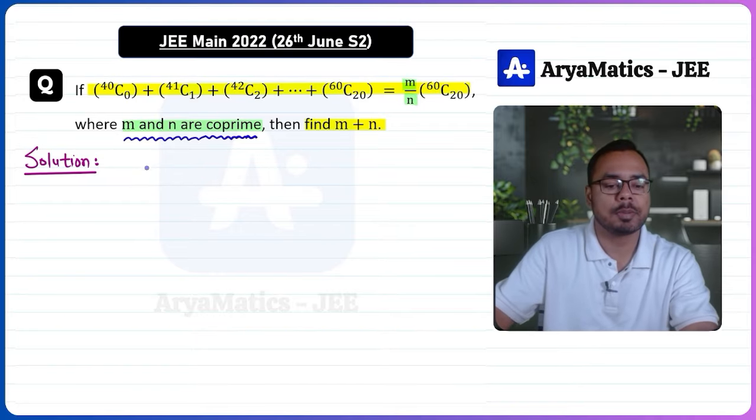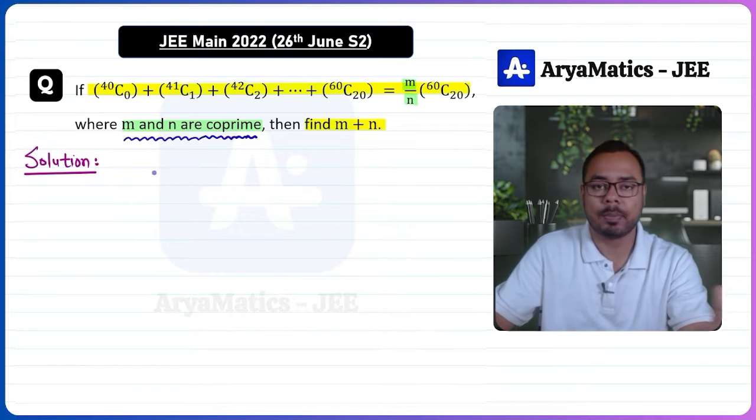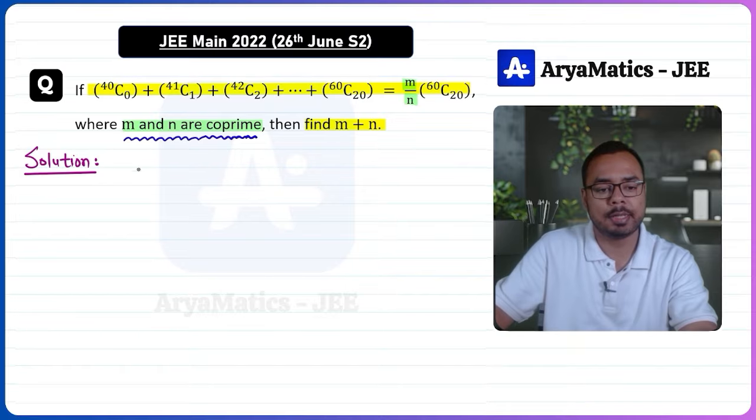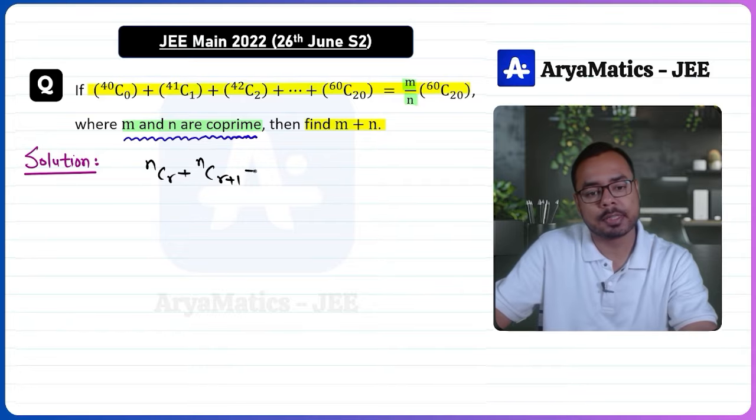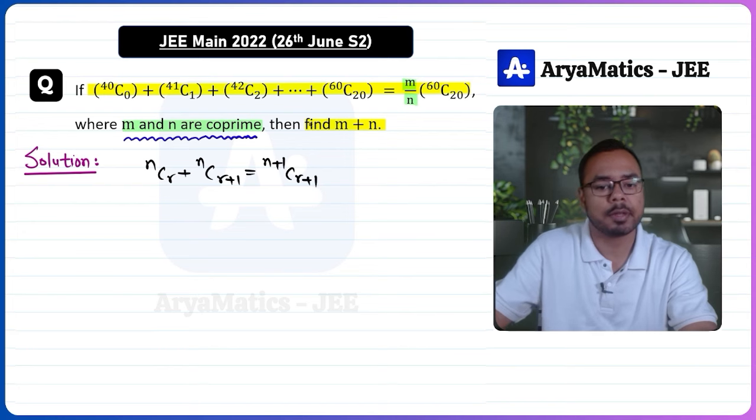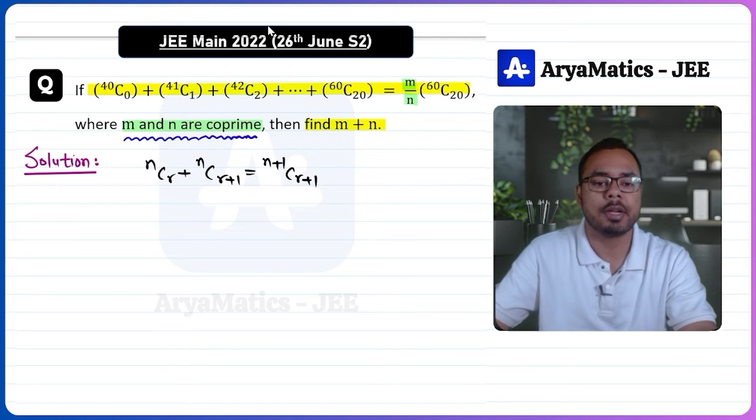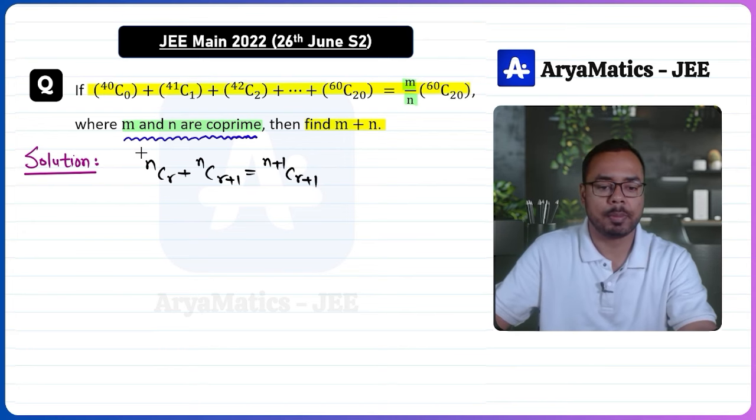Now, before we attempt this problem, there is one important property of binomial coefficients that we must know. The property is that nCr plus nCr+1 is nothing but n+1Cr+1. This is a very important result related to binomial coefficients.